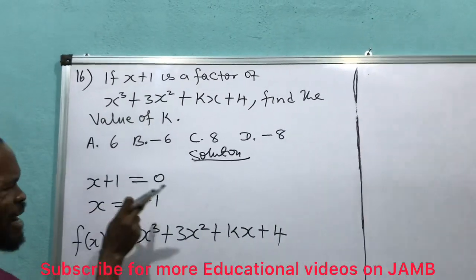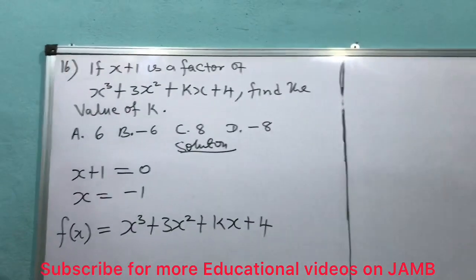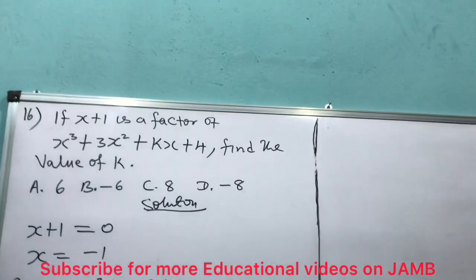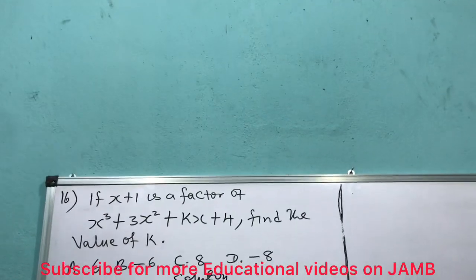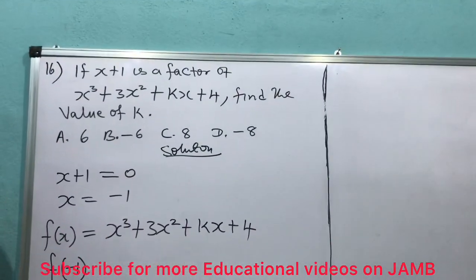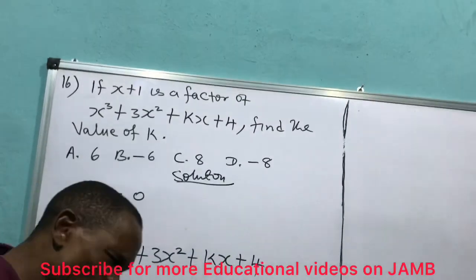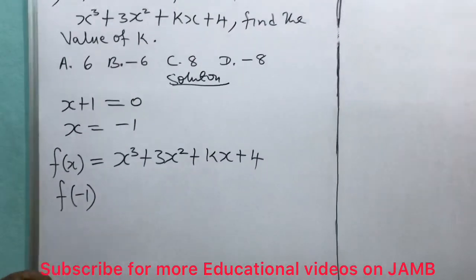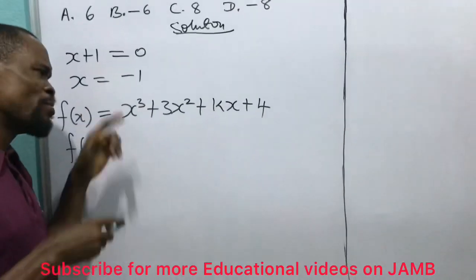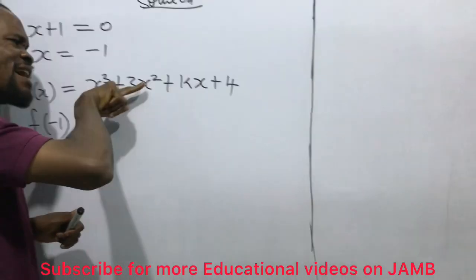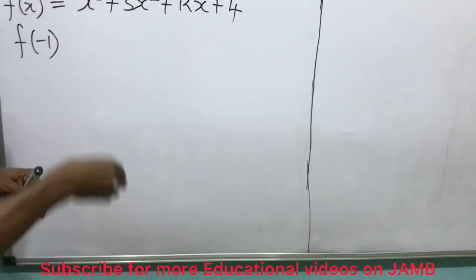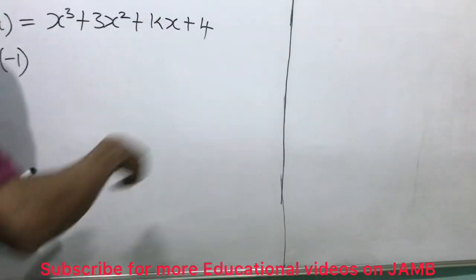Making x subject of formula, I have minus 1. Then I have to put this minus 1 into the equation. I'm substituting the factor now into this equation. And when I substitute it, whatever I'm going to get will be equal to 0. That means it is a factor. For it to be a factor means putting the value of x inside this polynomial is going to be equal to 0.